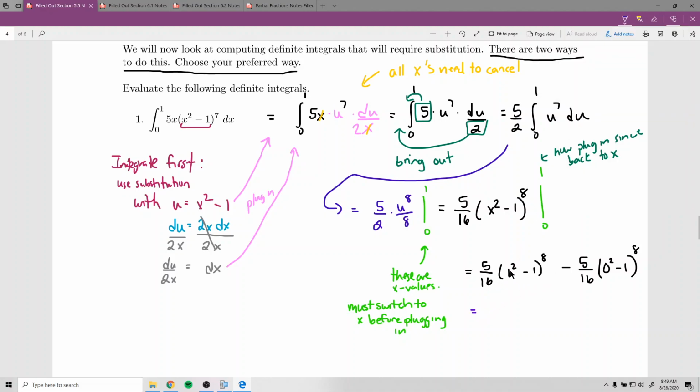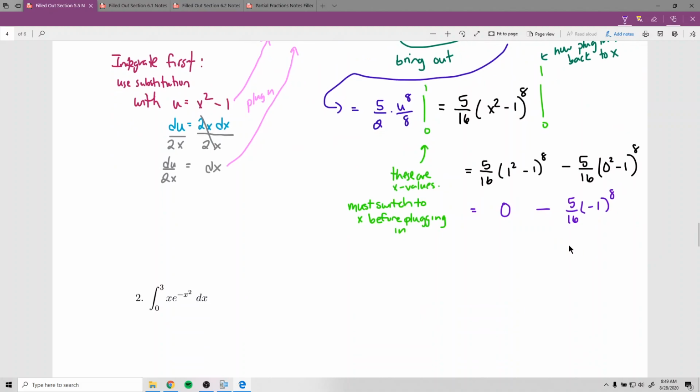All right, the first one's pretty easy because if you look at the inside here, we just have 1 minus 1, which is 0. And to the 8th power is still 0. So this whole thing is 0 up front. The second term here, we got 0 minus 1, which is negative 1 inside to the 8th power. All right, so I can drop that 0 in front.